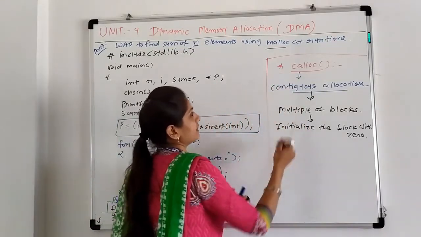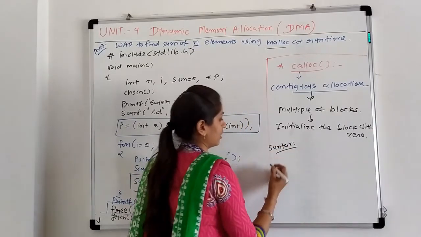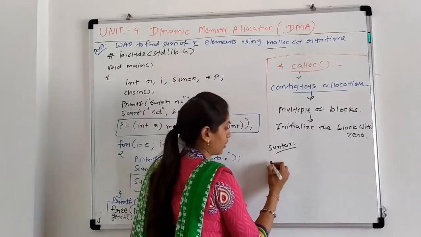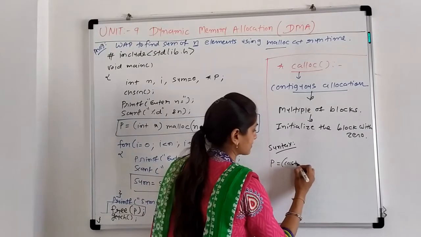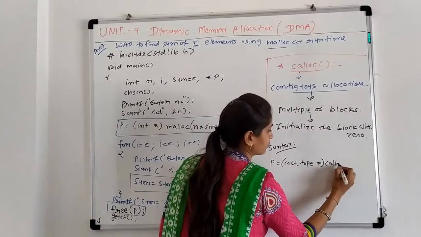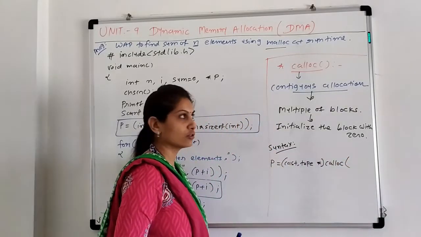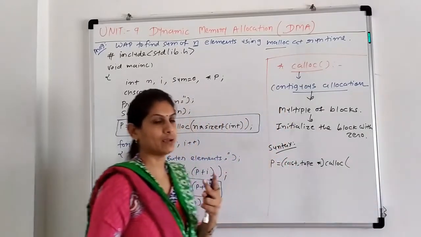Now what is the syntax for allocating memory with the calloc function? This is the same as the malloc function. It returns a pointer, so p, then the syntax is cast type, then star, then you have to use calloc, and inside the calloc function you now have two parameters.